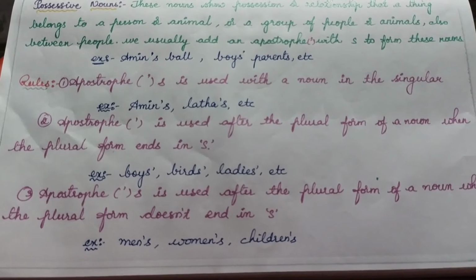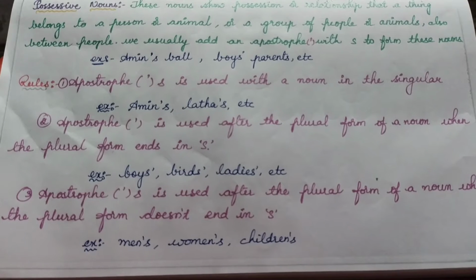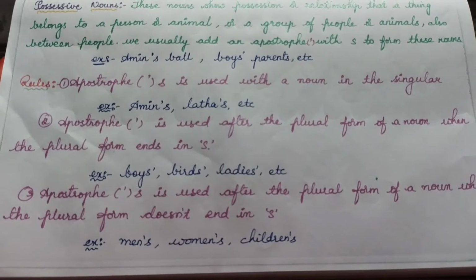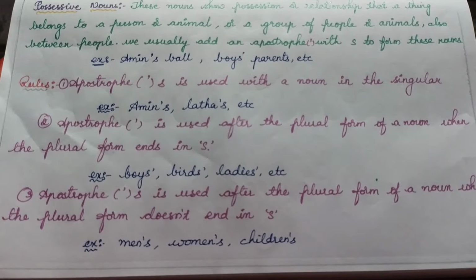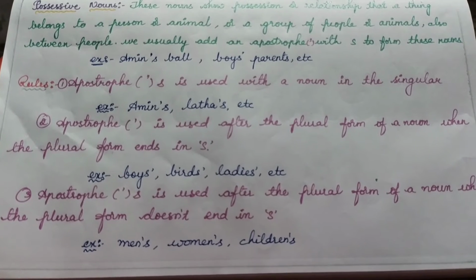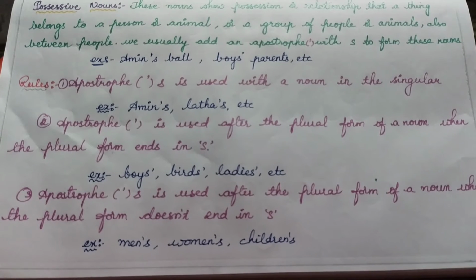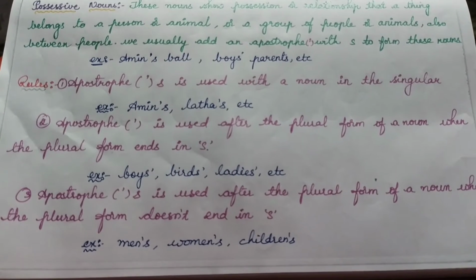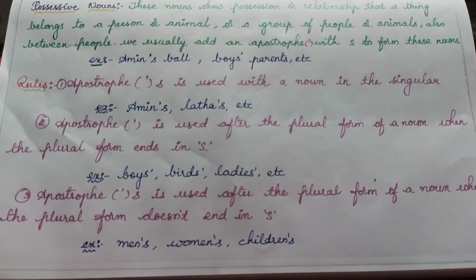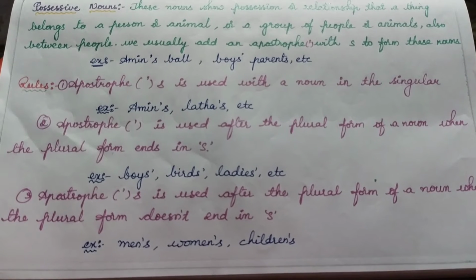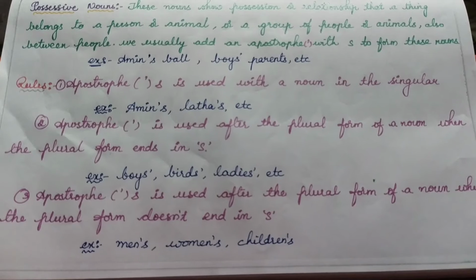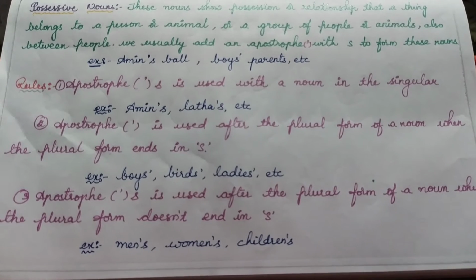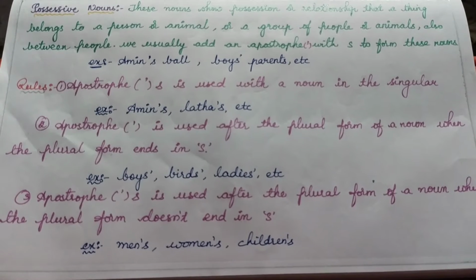There you can see BOYS apostrophe, not s apostrophe s. So here is the detailed description for that. We add only apostrophe when the plural form ends in s. We don't add s again. So the words which are already ending with s, we should add only apostrophe.